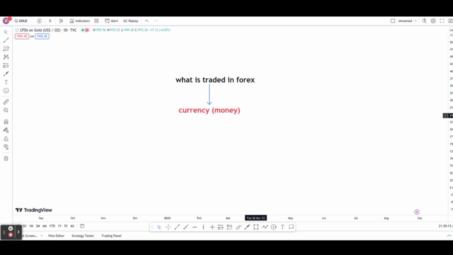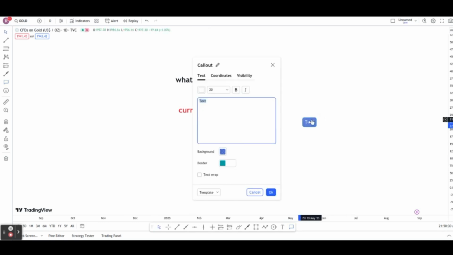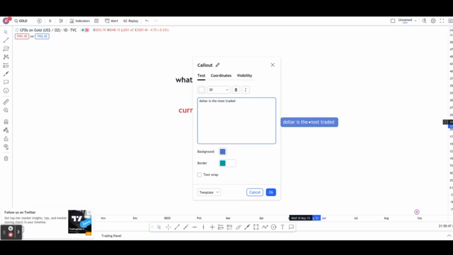Let me just write that at one side so that we take note of it: the dollar is the most traded currency in the world. So it's king of all currency.